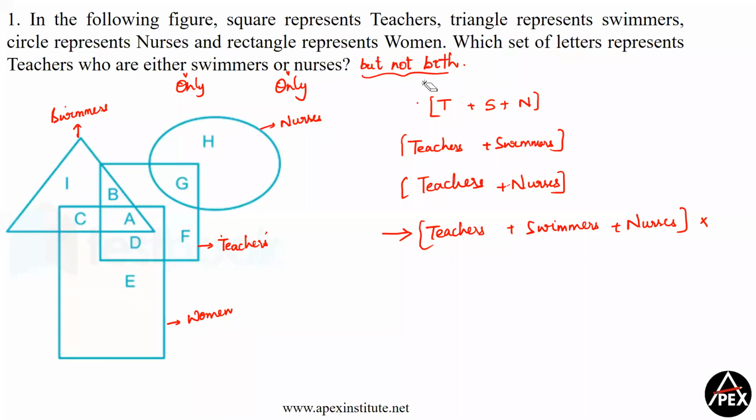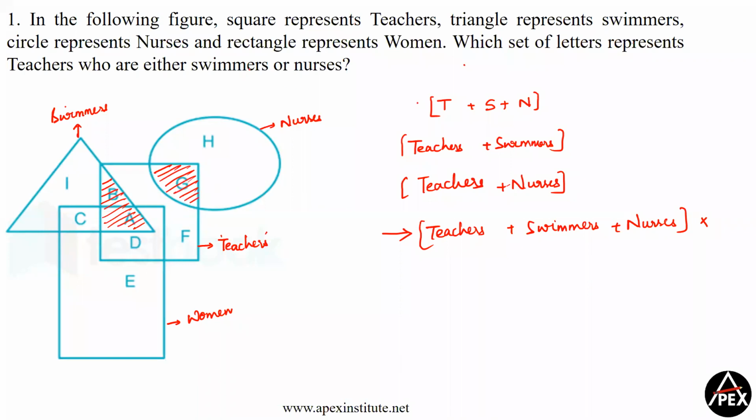Yes. Okay. Now we have to find the common region between teachers and swimmers. So this is teachers, this is swimmers. So B and A represents teachers who are swimmers, isn't it? Now we need to find the common region between teachers and nurses. So this is that. Now, do we have any region common to swimmers and nurses?